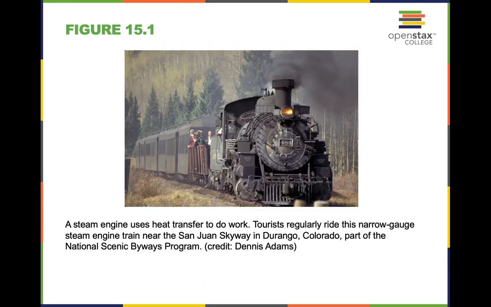So for figure 15.1, a steam engine uses heat transfer to do work. Tourists regularly ride this narrow gauge steam engine train near the San Juan Skyway in Durango, Colorado, part of the National Scenic Byways program. So a steam engine is a prime example of heat transfer and thermodynamics.